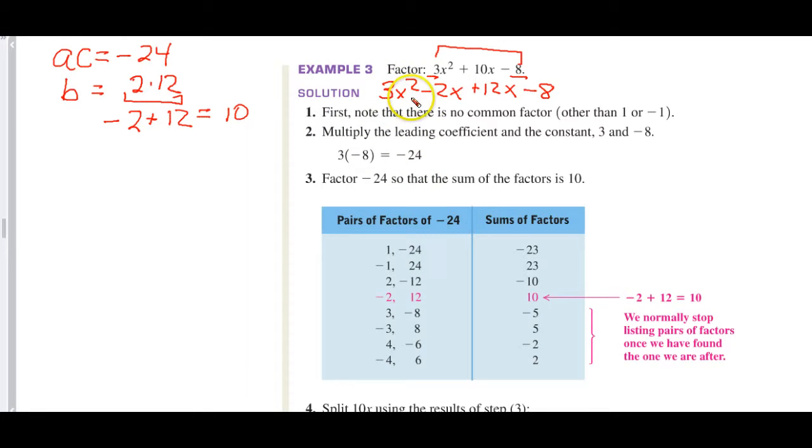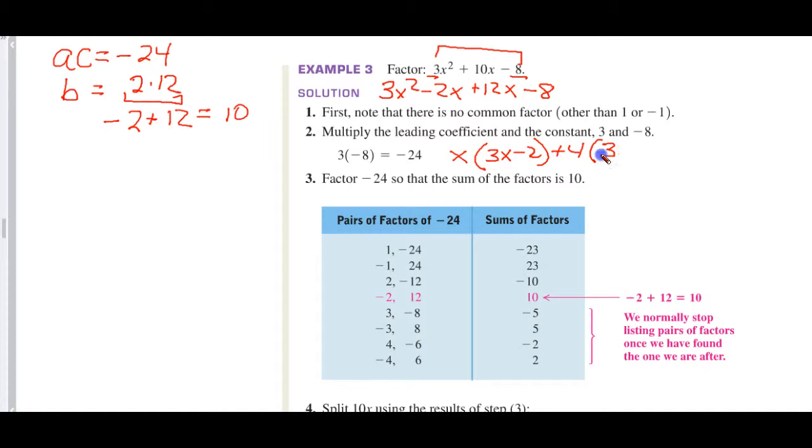Now, we're going to factor this by grouping. What can I take out of this first term here? An x. So I get 3x minus 2. What can I take out of these two terms? Well, a plus 4.